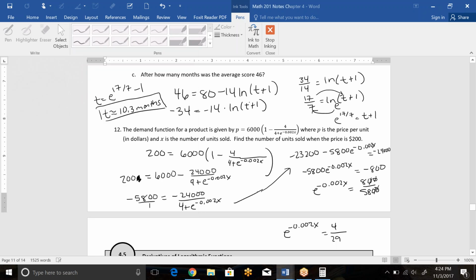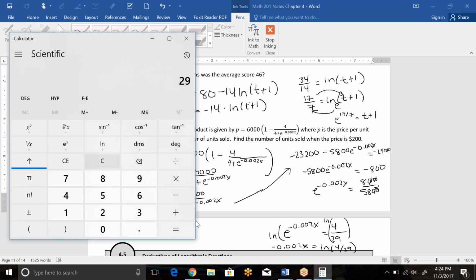And then because this x is in our exponent, we want to use the natural log to get it out. So we're going to take a natural log of both sides, and that will bring that negative 0.002x to the front. Natural log of e is just 1. And then we'll have to type in natural log of 4 divided by 29. So our final step is the natural log of 4 divided by 29 divided by the negative 0.002 for the x part.